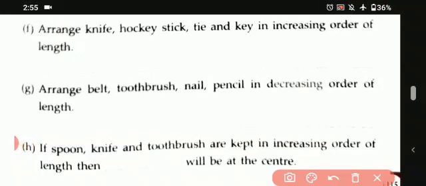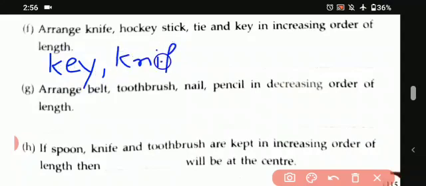Okay students, so first is the key. Key is the smallest one. Then we have to write down the knife. Then we will have the tie.